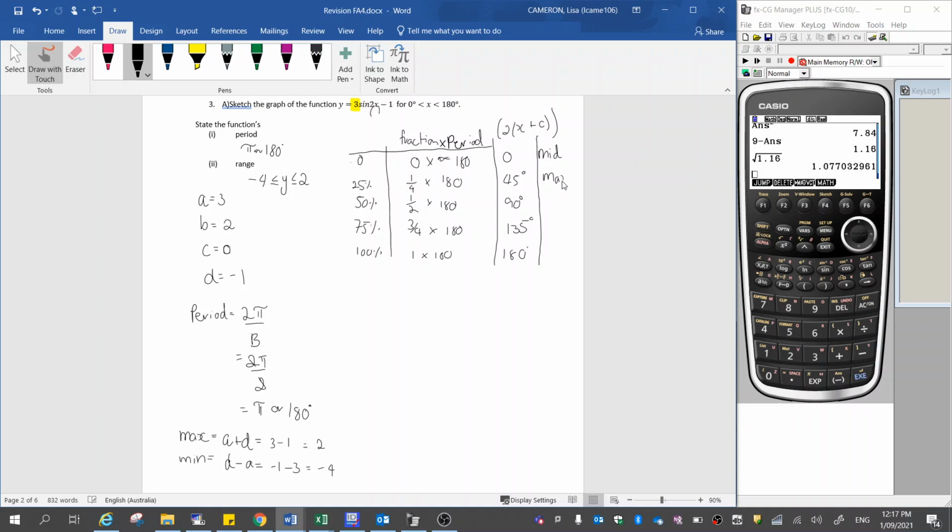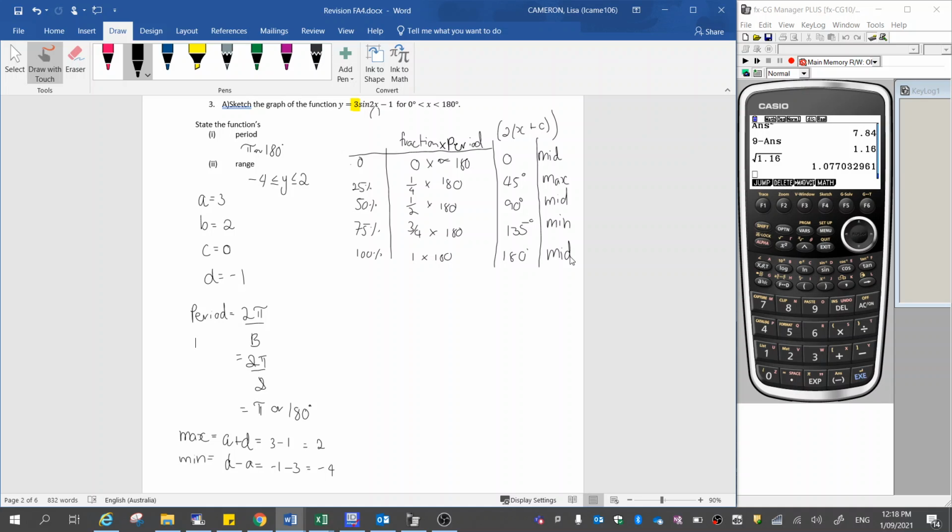Mid, max, mid, min, mid. Now remember, I really made that bomb sheet about sketching trigonometric functions. So if you need to go through another example, there's one there. It's really pretty. Go for gold.